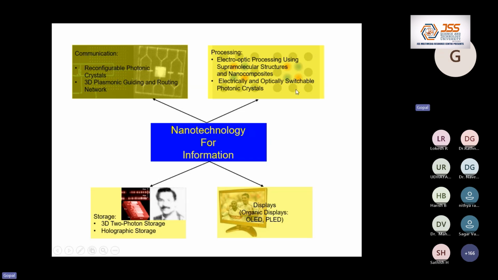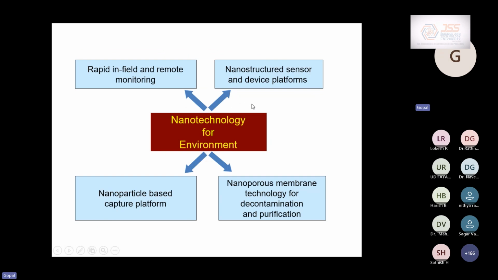Now you see optically switchable photonic crystals. I didn't talk much on these photonic crystals. That is a very important area in nanomaterials. You make photonic crystal-based structures, and a lot of detection sensors you can do using photonic crystals. For environment applications also, since this one, when you go to environment, you can see many of the plants, the natural bioprocesses, that also can be detected using this.